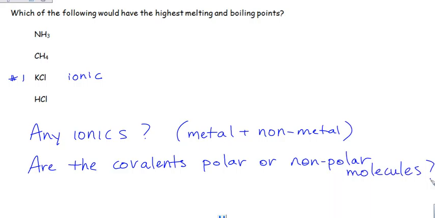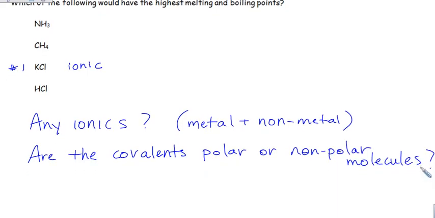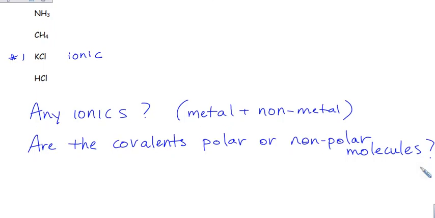Are they polar or non-polar? The rest of them are all non-metals, so I know they're going to be covalent compounds. But are they polar or non-polar molecules? And for that, blast from the past, we might get to draw Lewis structures.